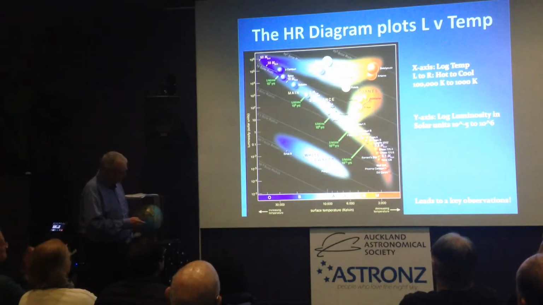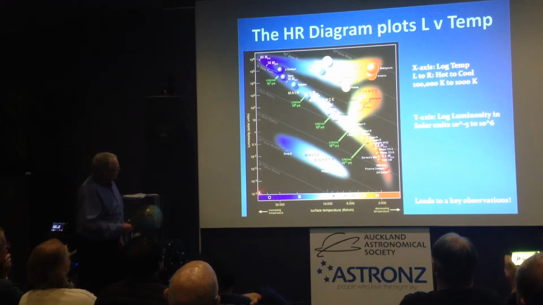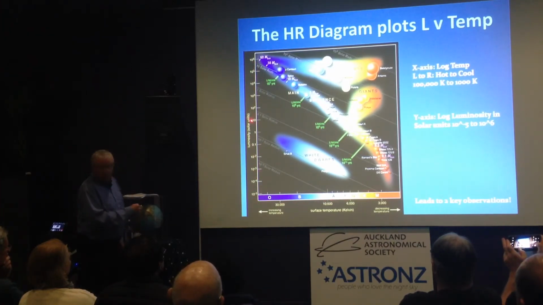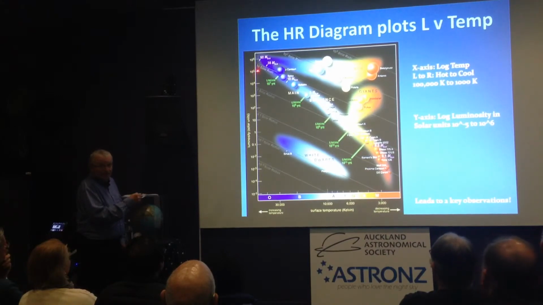So let's have a look at it. Here's your plot, here's your luminosity, and here's your temperature. Both are in a logarithmic fashion. The luminosity starts at a really low luminosity, 10 to the minus 5 solar luminosity, really, really faint, and it goes right up to 10 to the power of 6 solar luminosities, in other words, 1,000,000 times as bright as the sun.